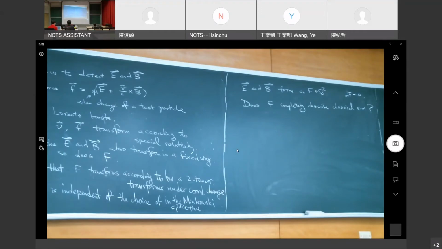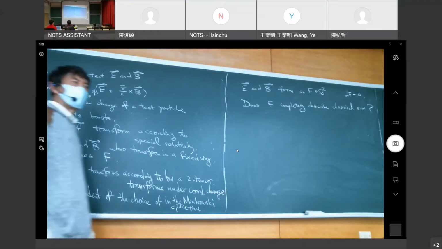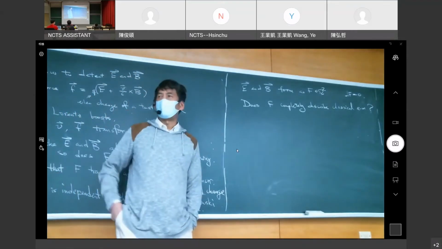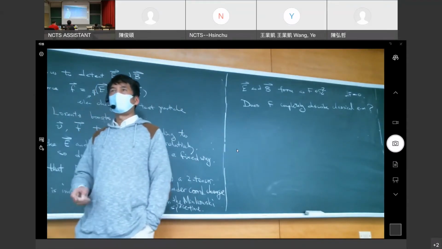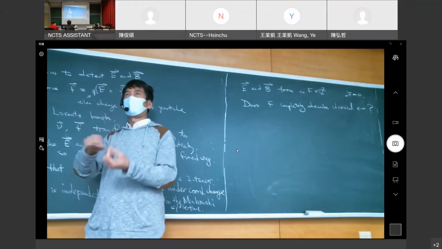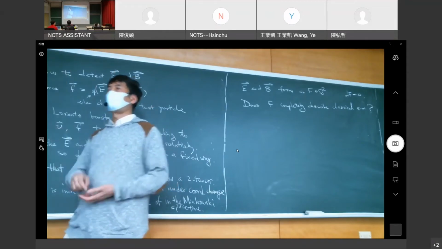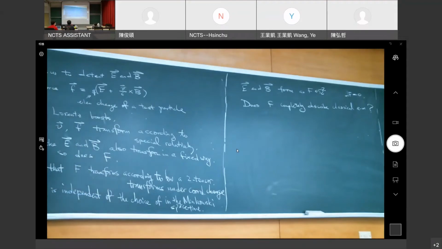Once we have a connection on a complex line bundle, at every point in space-time you have a complex line, and you can parallel transport vectors in the complex line along a curve.